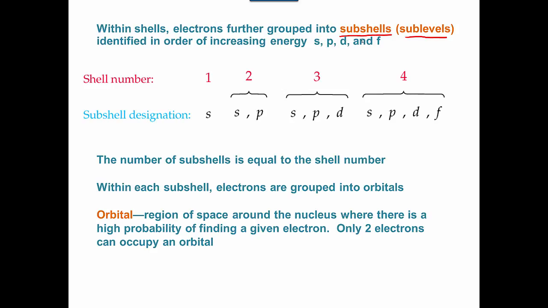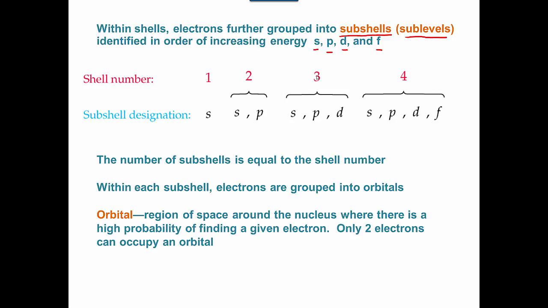The subshells are also identified in order of increasing energy, and we assign the letters S, P, D, and F to these subshells. So S would have the lowest energy, and then P, then D, and then F. Okay, so F would be higher in energy than S. D would be higher in energy than S.